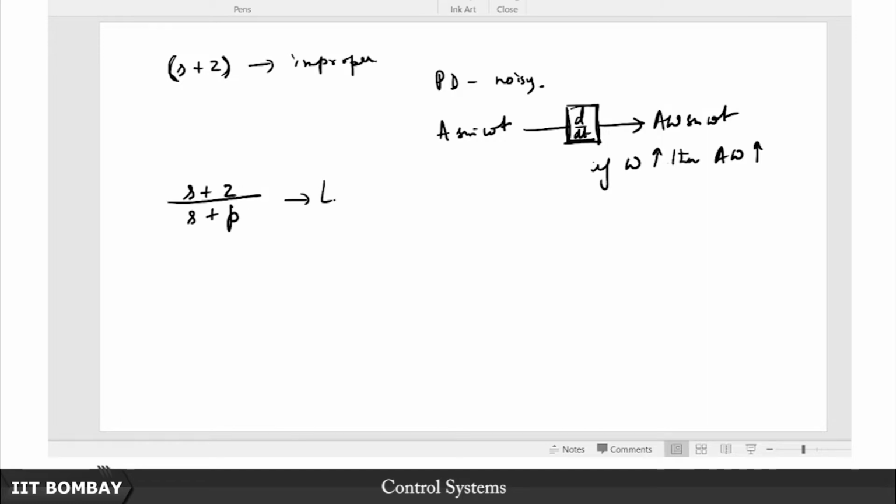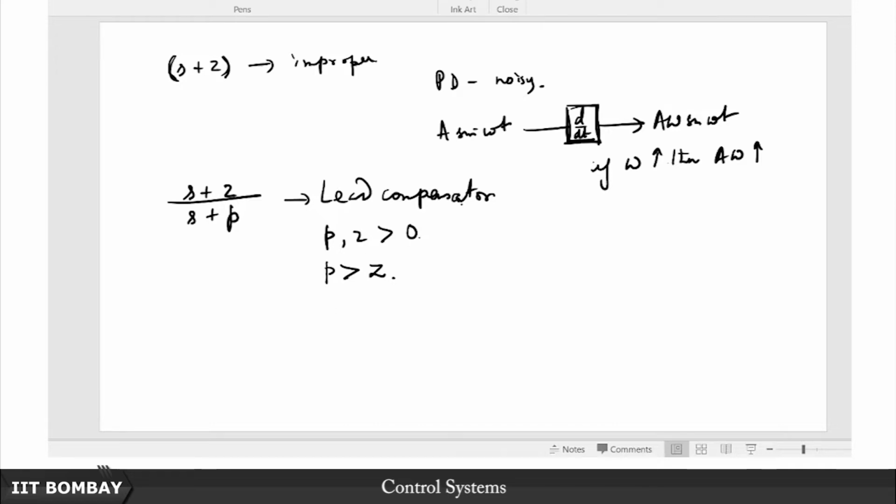This we'll call a lead compensator, which is an approximation for a PD controller, where of course p and z are both greater than 0, and in addition p is greater than z. So your pole is further to the left than your zero is for a lead compensator. That's what defines a lead compensator.